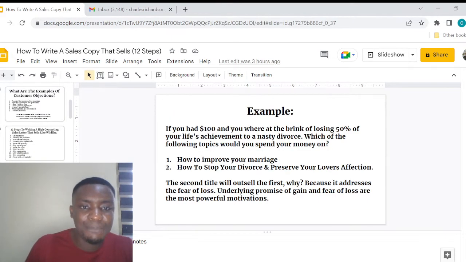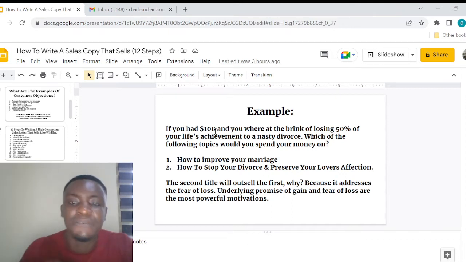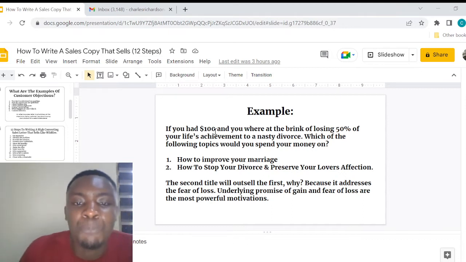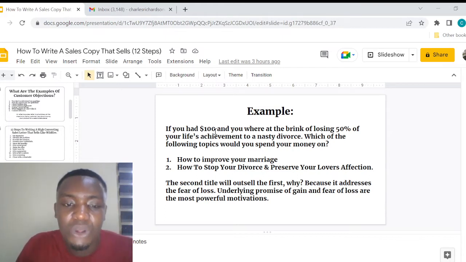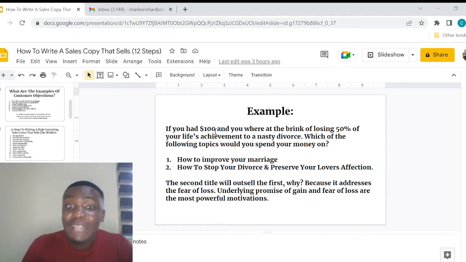Let me give you an example again. If you had $100 and you were at the brink of losing 50% of your life's achievement to a nasty divorce, which of the following topics would you spend your money on? Number one, how to improve your marriage, or number two, how to stop your divorce and preserve your lover's affection. Of course, I know that the second title will appeal to you, and so I'll sell the second title.